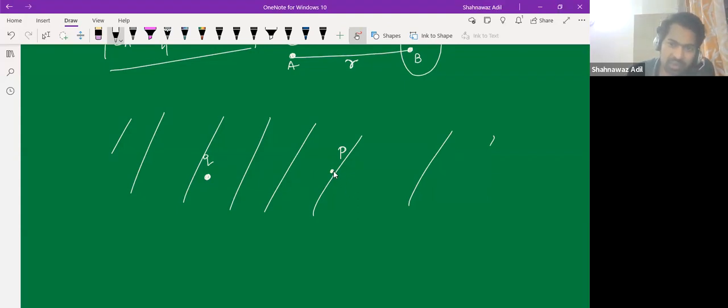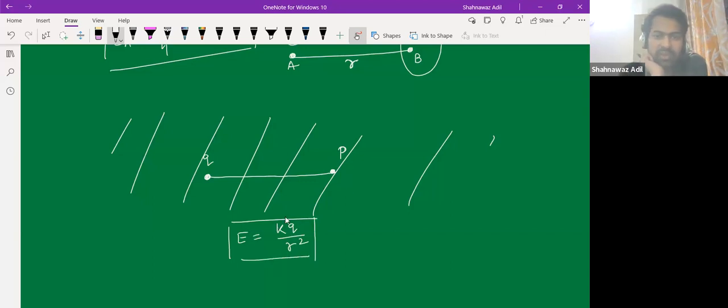But let's say we want to calculate the electric field at this point, so that would be simply E, and that would be KQ by R square. So that is the magnitude of the electric field. Is that clear? Yes, sir. So that is the electric field due to a point charge.